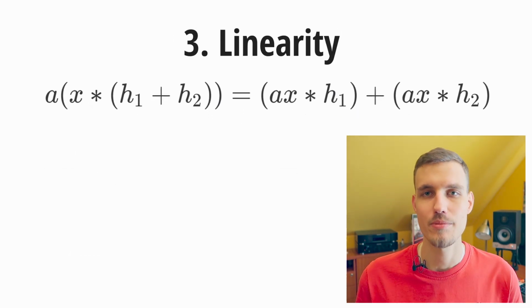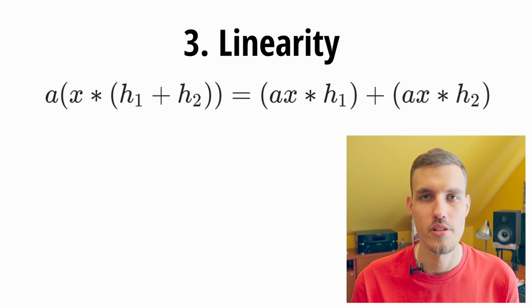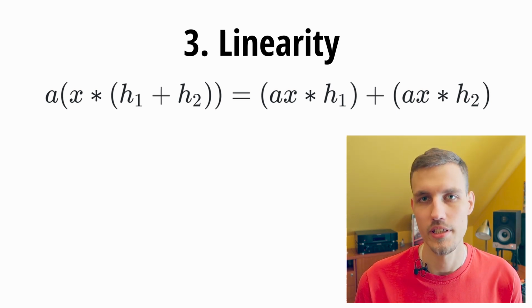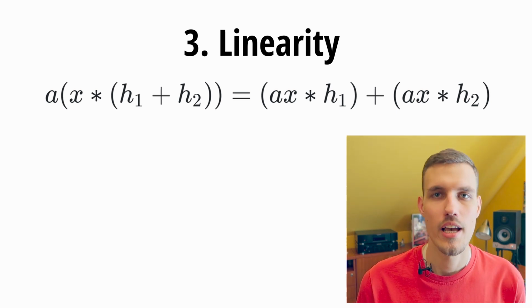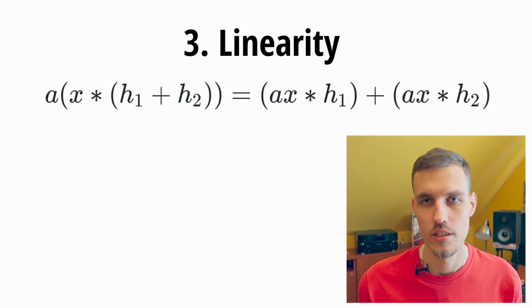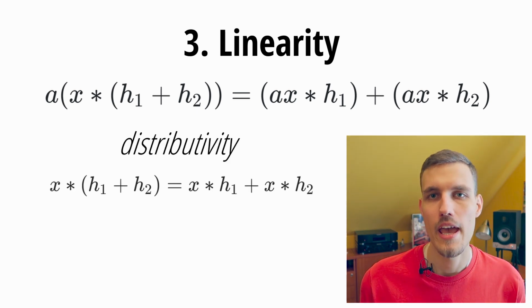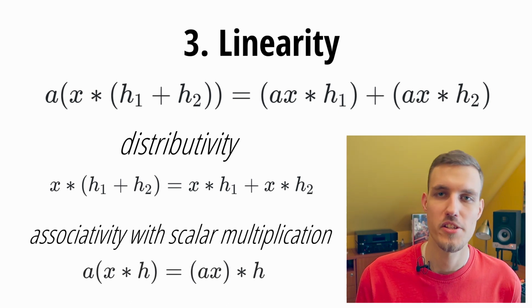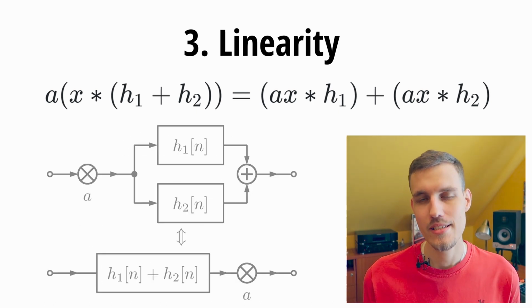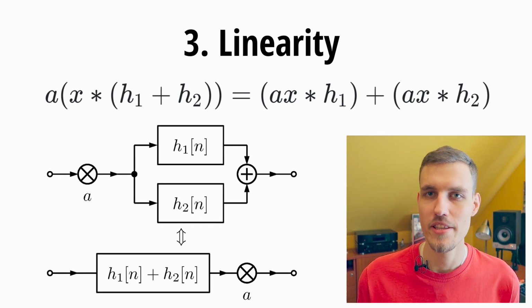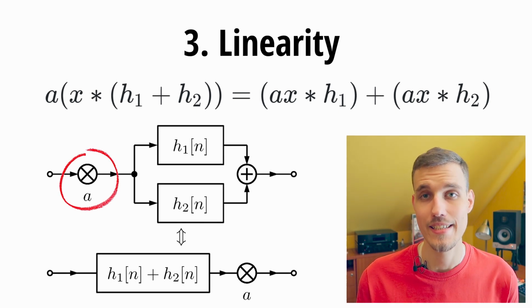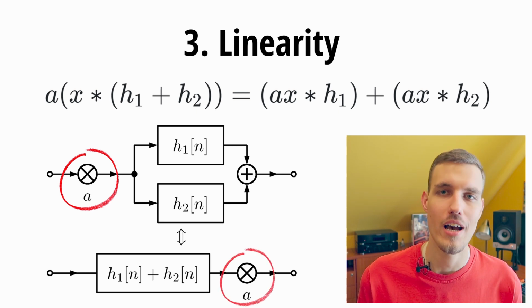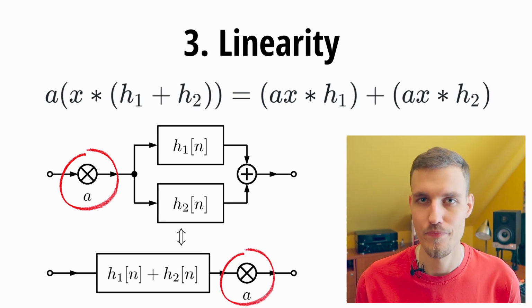The third and last property I wanted to mention is the linearity, which we regard as a combination of distributivity and the associativity with the multiplication operation. It means basically that it does not matter whether we scale the signal before filtering or after, the result will be the same.